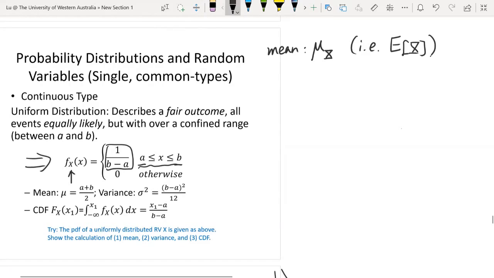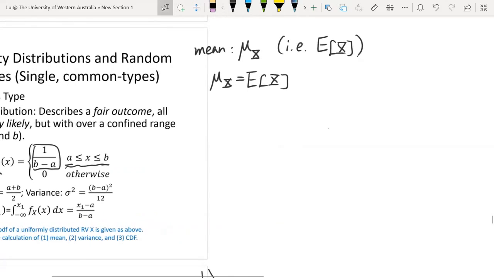Now we want to calculate the mean of x, which is equal to the expectation of the x random variable. We mentioned the expectation operator is just like a template: the integration of f_X(x) dx from negative infinity to positive infinity.